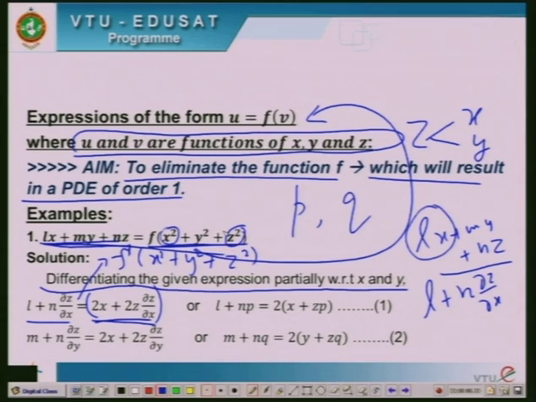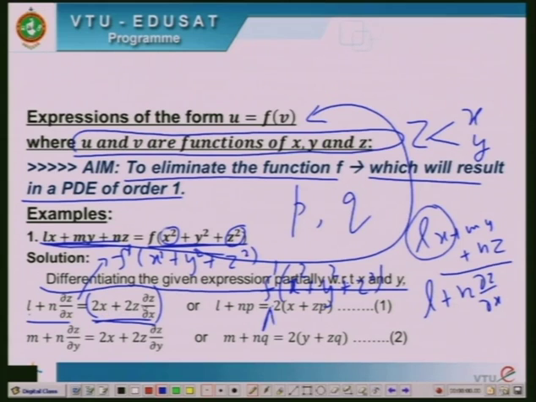Or using the notation p, l + np becomes f'(x² + y² + z²) into 2 times (x + zp).